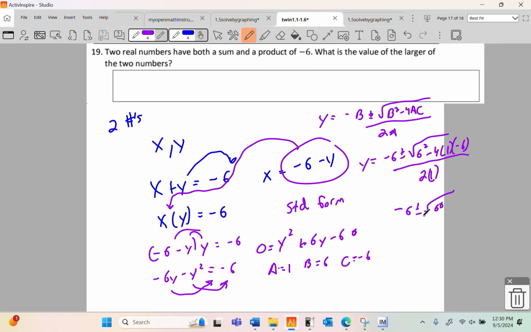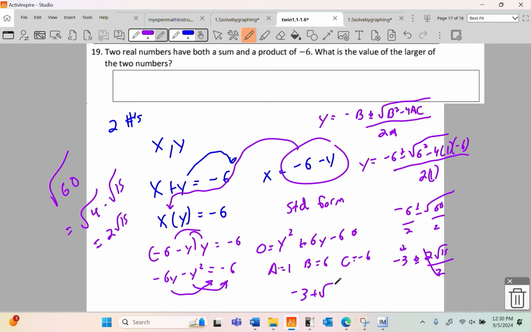Both pieces over 2. It's going to be negative 3. Root 60 is root 4 times root 15, which is 2 root 15. Plus or minus 2 root 15 over 2. The 2's cancel. So I am negative 3 plus root 15, or negative 3 minus root 15. And it said, what is the value of the larger? It's that one right there. Negative 3 plus root 15.